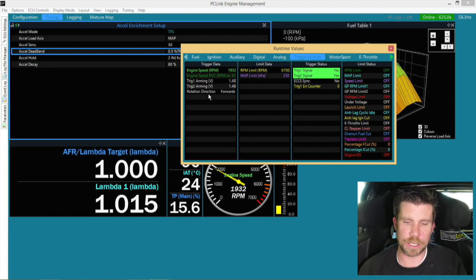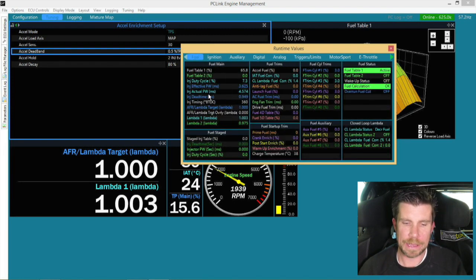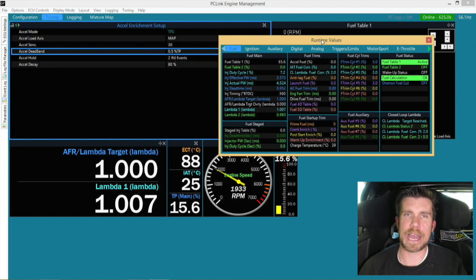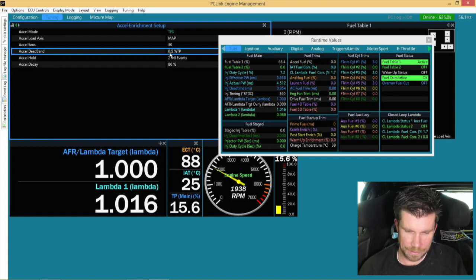What I'm going to do is go to the runtime values display, and if we go across to the fuel tab, you can see in the fuel trims we've got our acceleration fuel percent. If you're sitting at steady state and you see this number jumping up and down, that means the ECU is requesting acceleration enrichment, and that would obviously be an issue, in which case we can change our deadband.